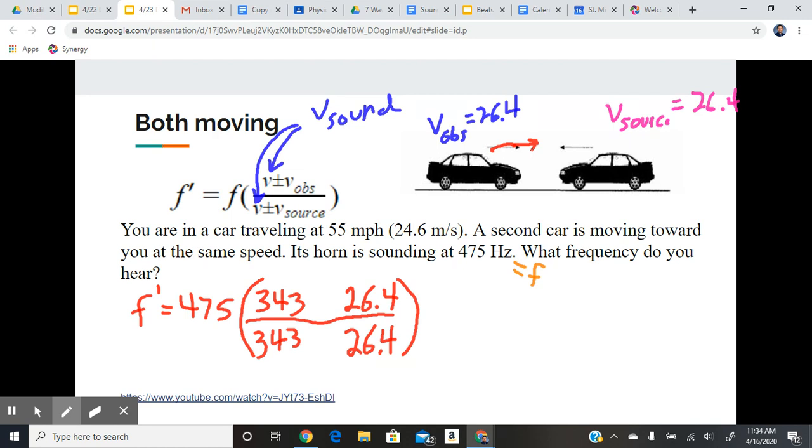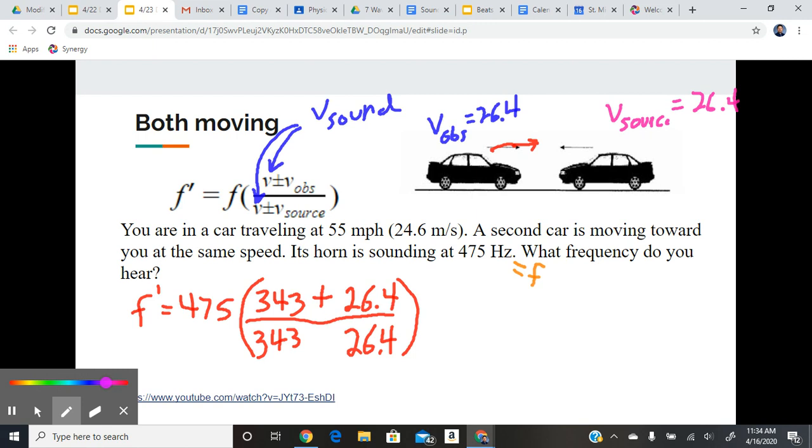Well, what we said is then we are going to actually add, okay? Because remember, by adding those two, that is in your numerator, so that's what we are multiplying by, so that is going to make it bigger. Remember, when you are moving towards a source, you're going to have a higher observed frequency, okay?